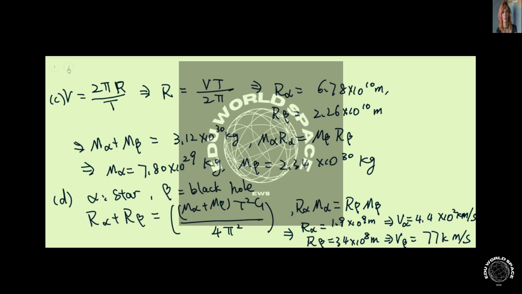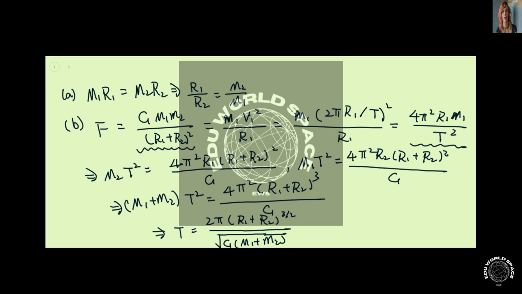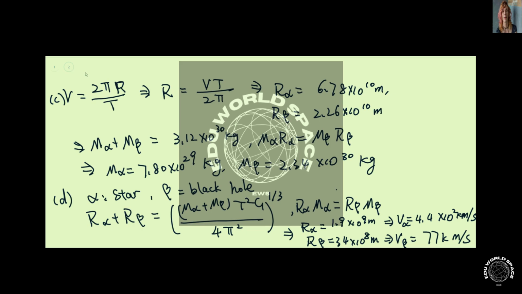Right. Here we missed the exponent 1/3 because we have a cube here. So this thing times G divided by 4 pi squared, and we take the cube root.